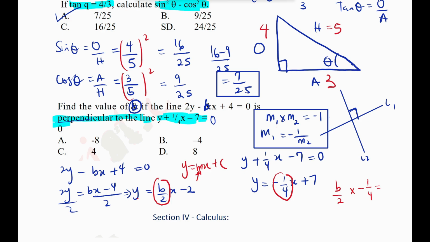So this becomes minus b over 8, which is equal to minus 1. Cross multiply, then minus b is going to be minus 8. Cancel minus on both sides, and b is going to be equal to 8. So the symbol there is basically 8, and that is option D.